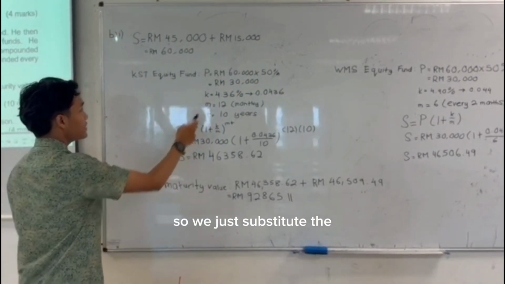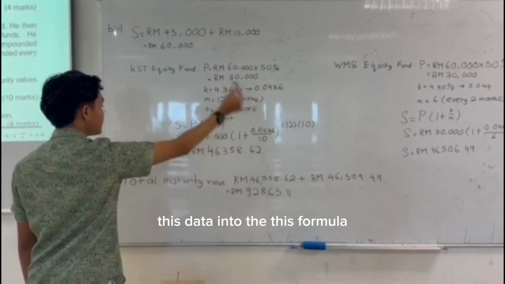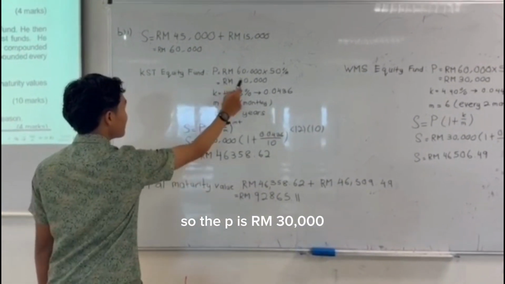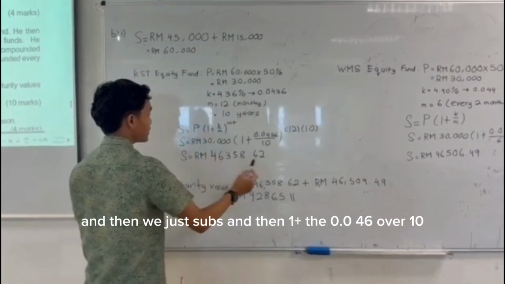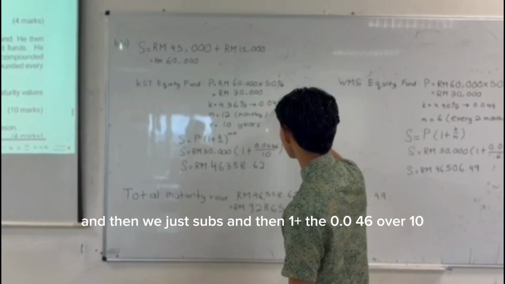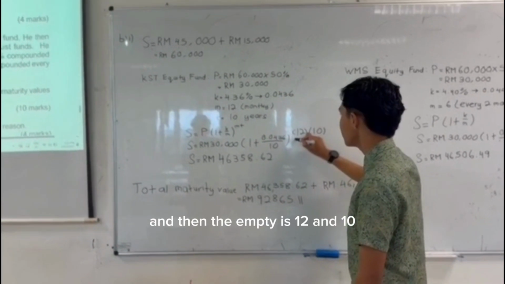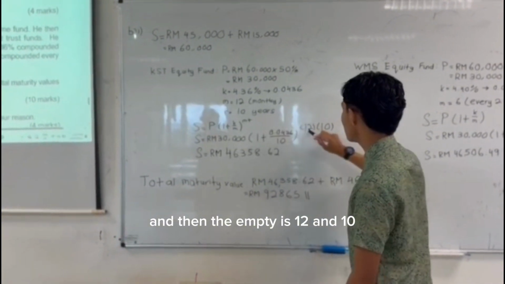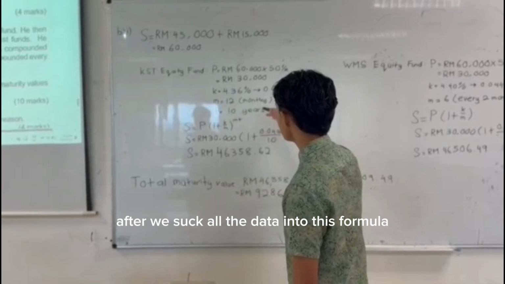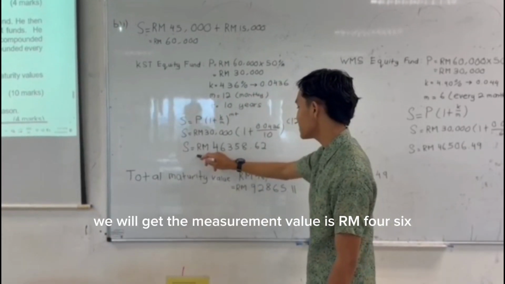So we just substitute this data into this formula. The P is RM30,000, then 1 plus 0.0436 over 12, and then the MT is 12 times 10. After we substitute all the data into this formula, we will get the maturity value.